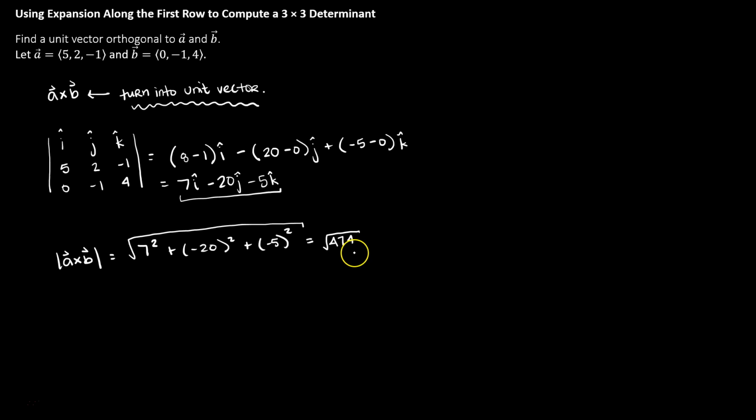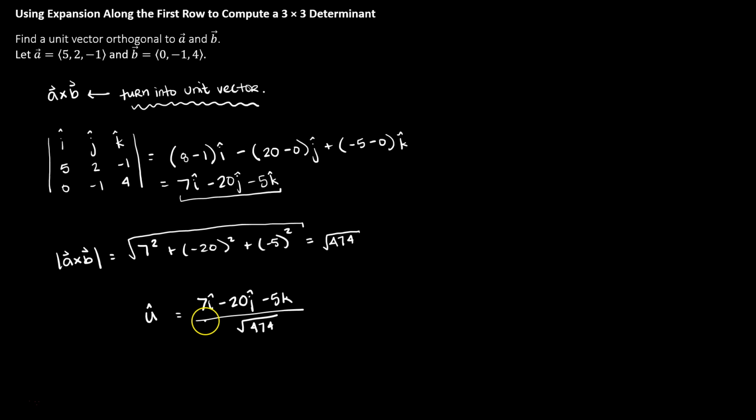Let's keep our answers as exact as possible. So you use this magnitude to divide off the cross product vector, shrinking it down to a unit vector. And maybe we'll call it something like the vector u hat.